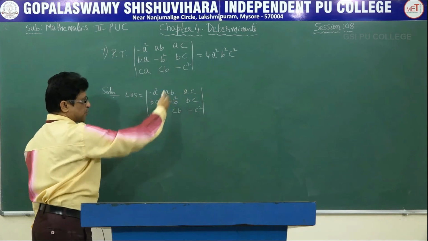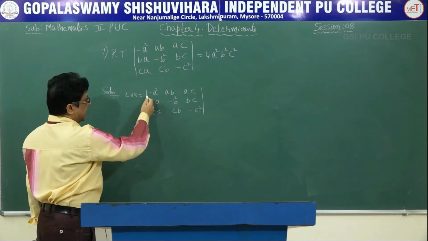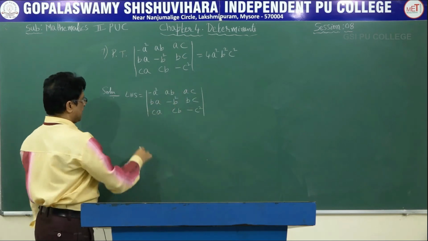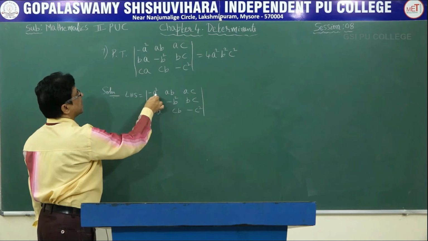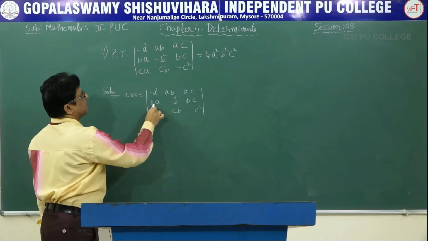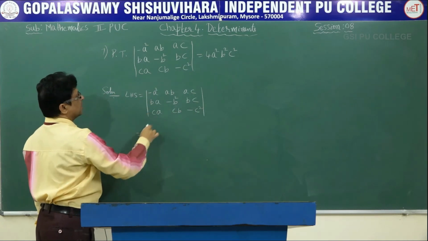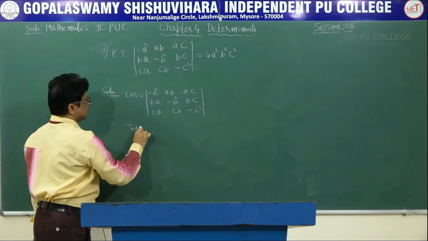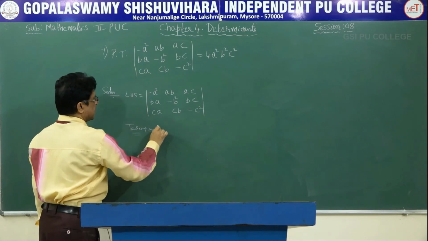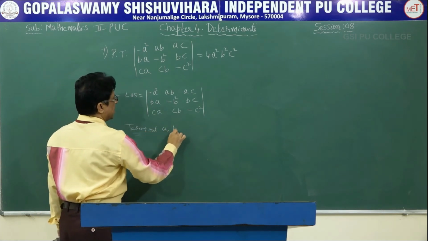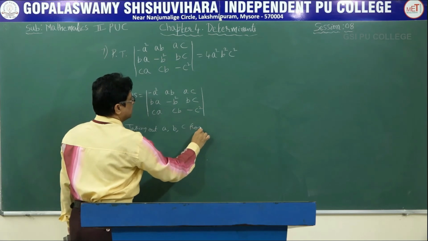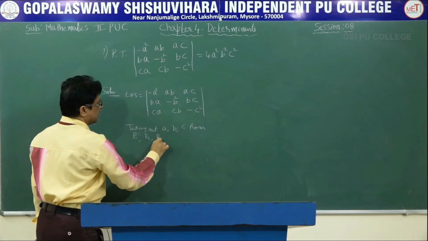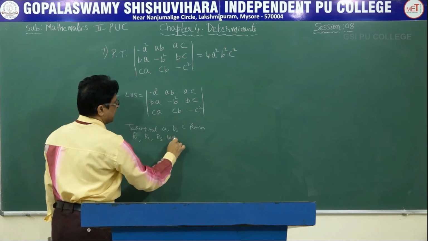If you observe the first row, here A is common in the first row. So, we can take A from the first row and B from the second row and C from the third row. Taking out A, B, C from R1, R2, R3 respectively.